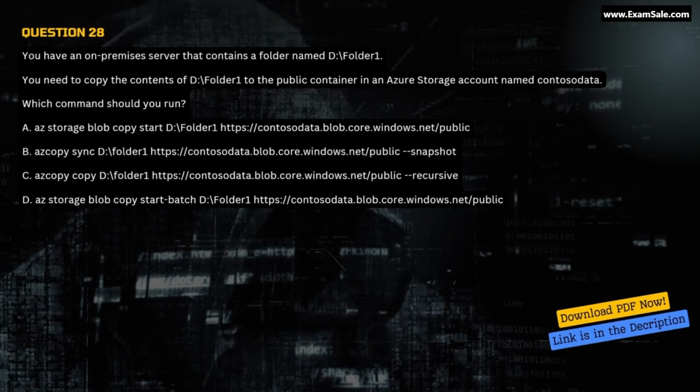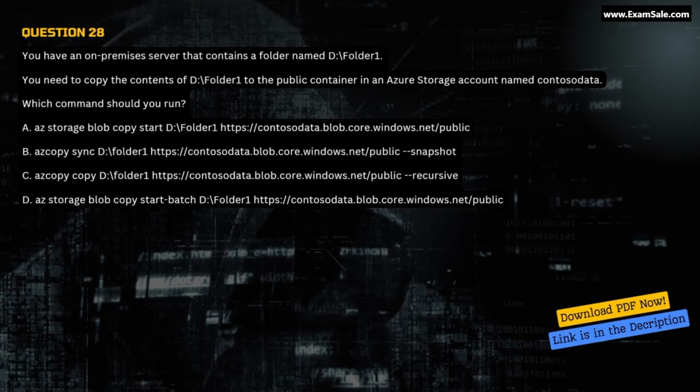Question 28. You have an on-premises server that contains a folder named d:\folder1. You need to copy the contents of d:\folder1 to the public container in an Azure storage account named contoso. Which command should you run? A. az storage blob copy start d:\folder1 https://contosodata.blob.core.windows.net/public. B. azcopy sync d:\folder1 https://contosodata.blob.core.windows.net/public snapshot.